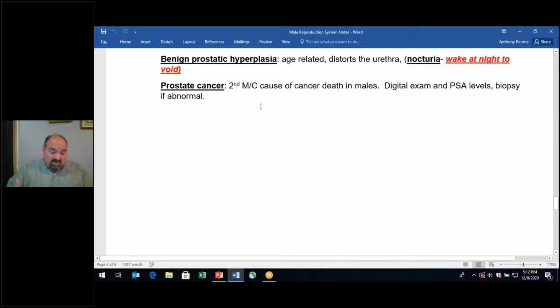Know that treatment can cause impotence, and treatment can also affect the ability to void on your own. So there can be major issues that can occur as a result of treatment for prostatic cancer, and there are different types of treatment. Depending upon where you choose to practice in the medical field, you might be involved in knowing more about that.